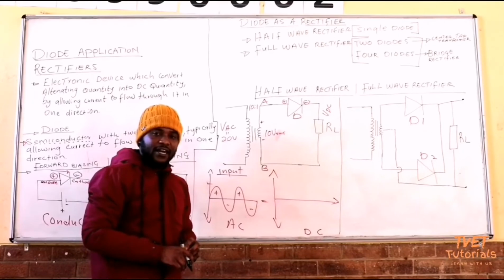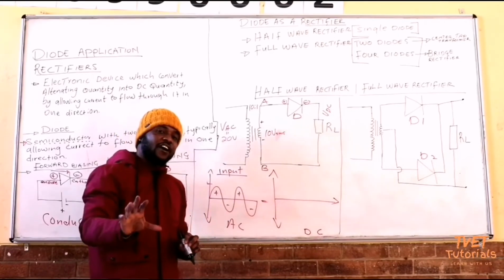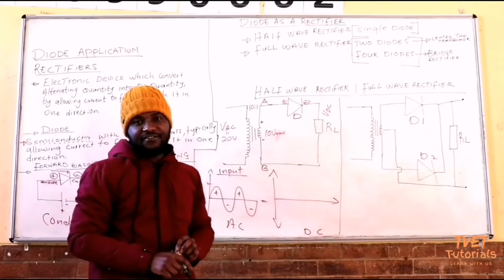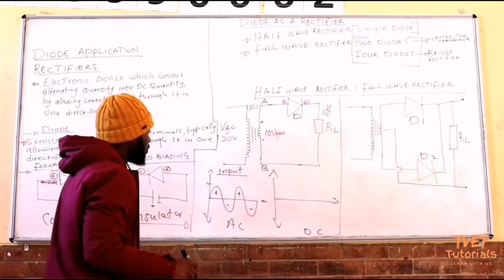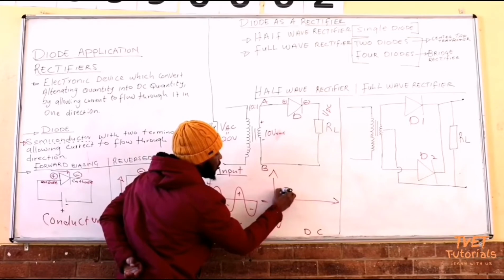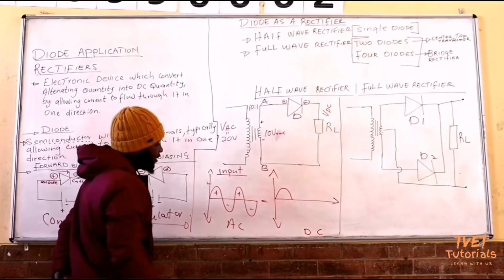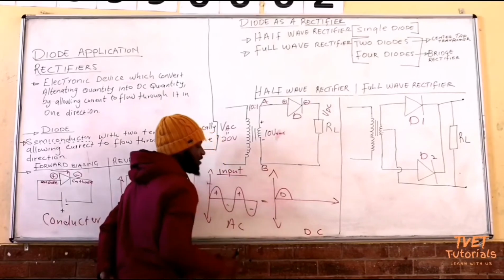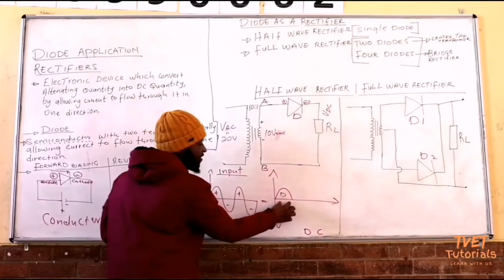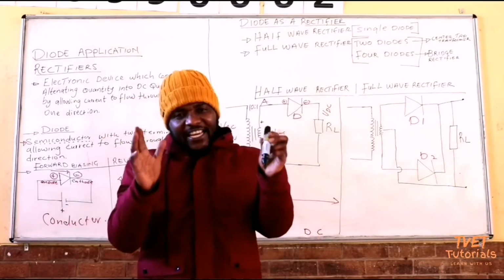Therefore, it conducts. Because it conducts during the positive half cycle, it will then generate a half wave on the positive. So this is what's going to happen during the positive half cycle. We are going to have a half wave generated by D. Good. Let's continue.